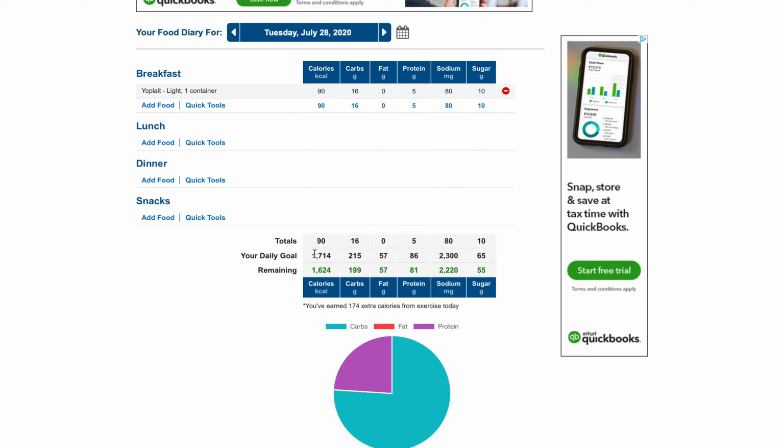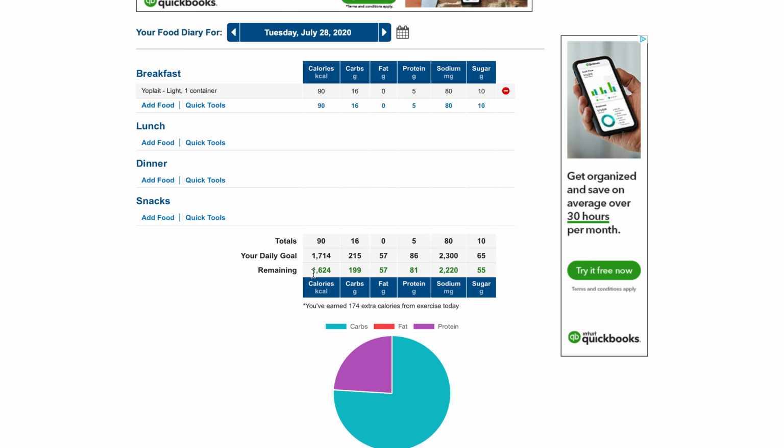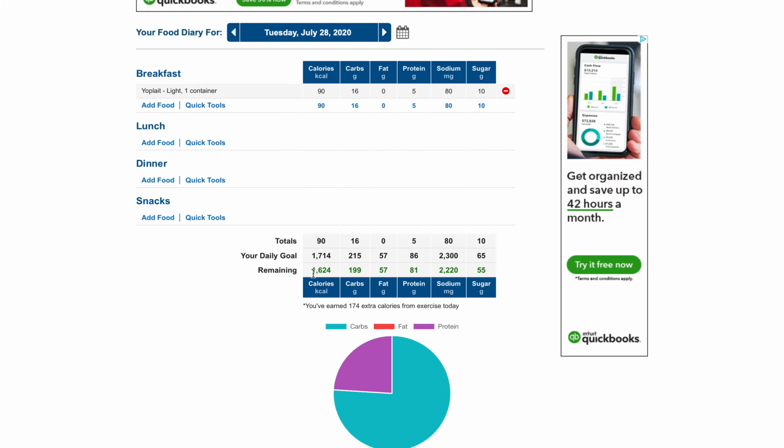By us working out, you can either A, still eat 1,540 calories plus burn 170 calories walking, and that'll technically get you to your goal quicker, or you can burn that 170 calories walking, and now you can eat 170 calories over the 1,540 that they quoted us, because your body burned more than what MyFitnessPal has calculated. So you can technically eat that same amount and still be on track to lose 1 pound a week.